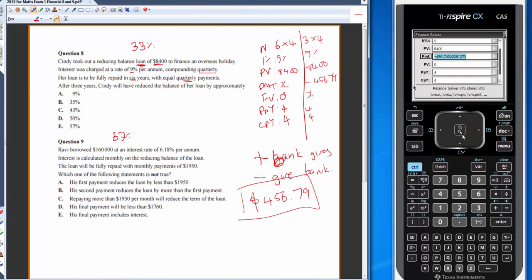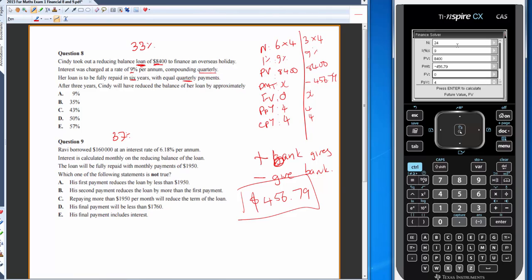So the future value is unknown based on 3 lots of 4 payments. This basically says that after 3 years, what we still owe is $4,757.46.